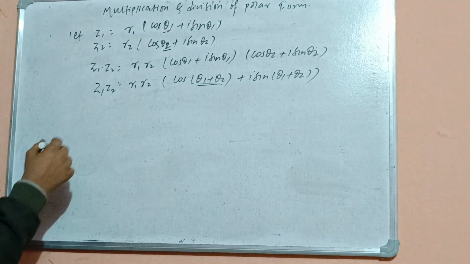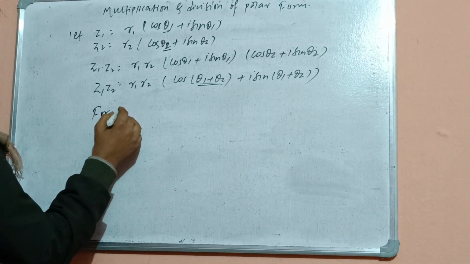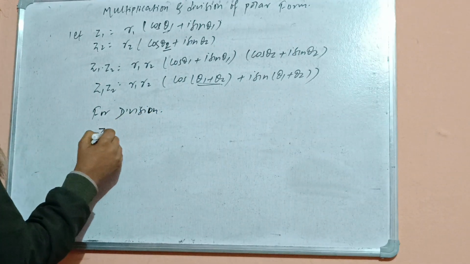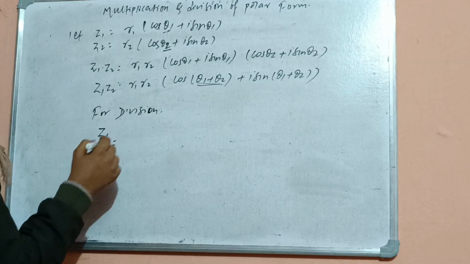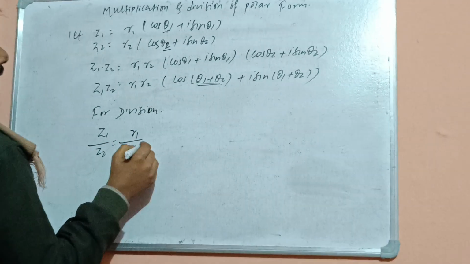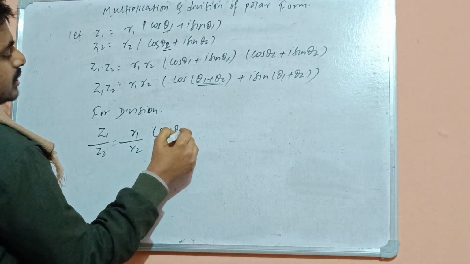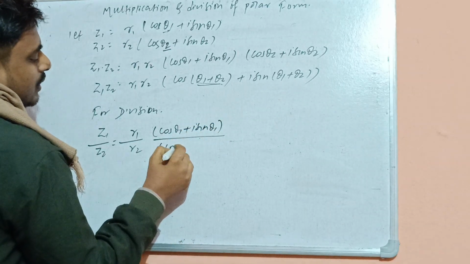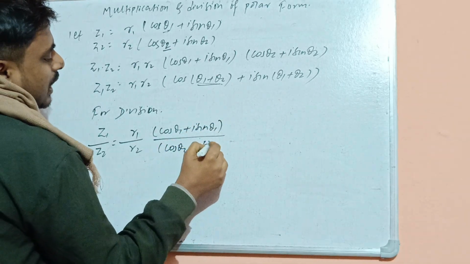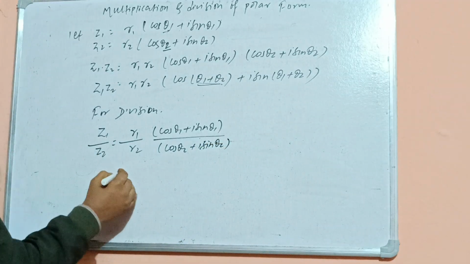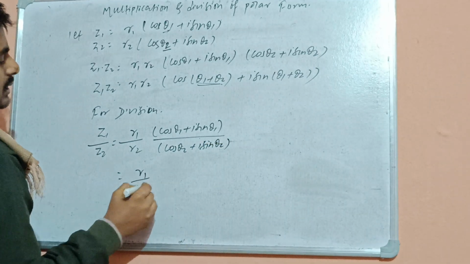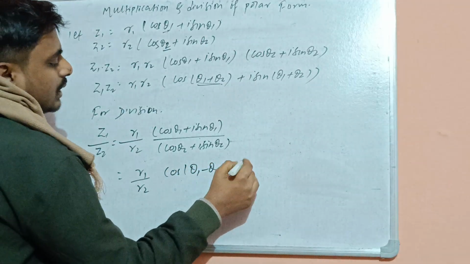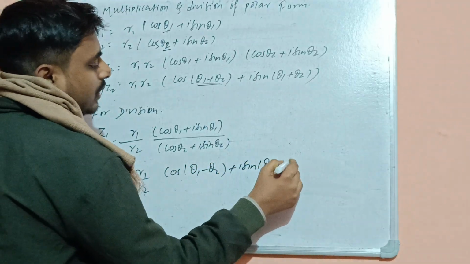Similarly, for division, if z1 divided by z2, that is r1 by r2 into (cos theta 1 plus i sin theta 1) divided by (cos theta 2 plus i sin theta 2), then this can be written as cos (theta 1 minus theta 2) plus i sin (theta 1 minus theta 2).